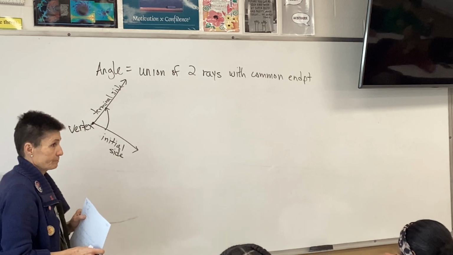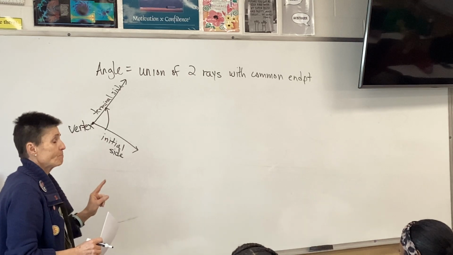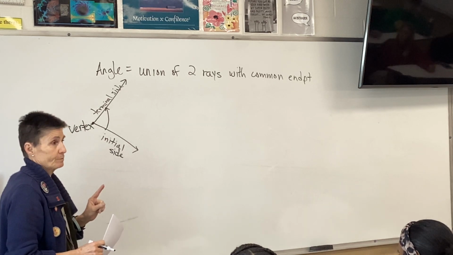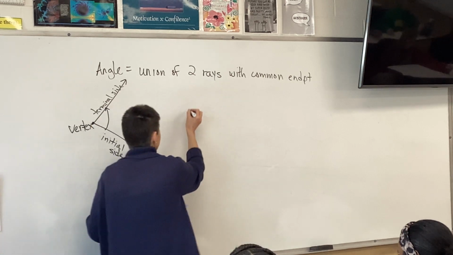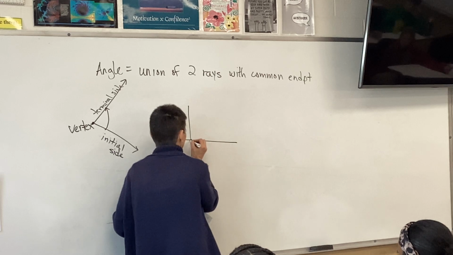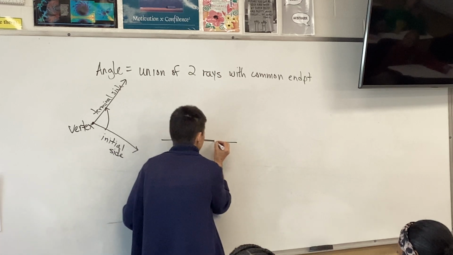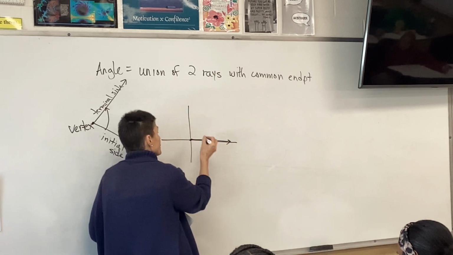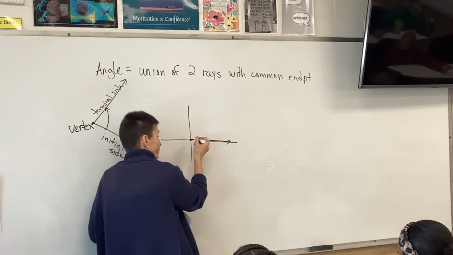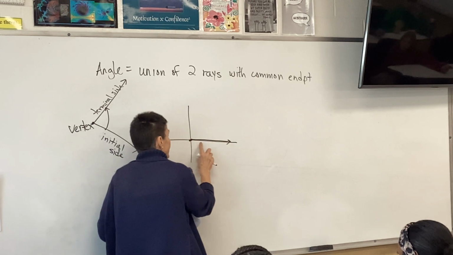Every angle that we do, with one exception, every angle that we do will be in standard position. Standard position means your vertex is at the origin and your initial side is the positive x-axis. So when you draw an angle, you're going to draw it with a vertex here and starting here.